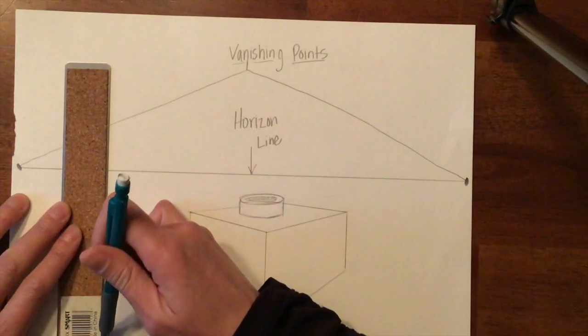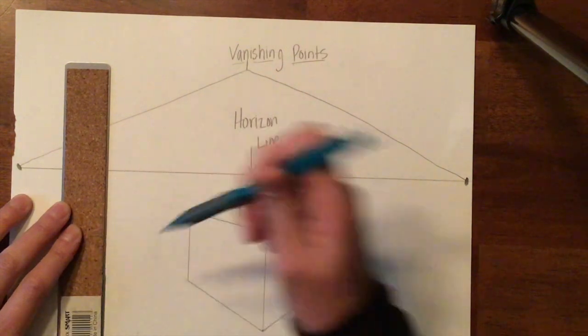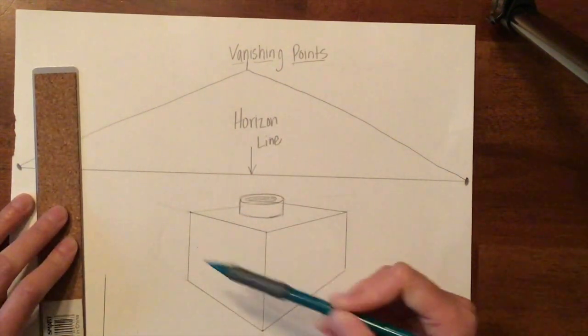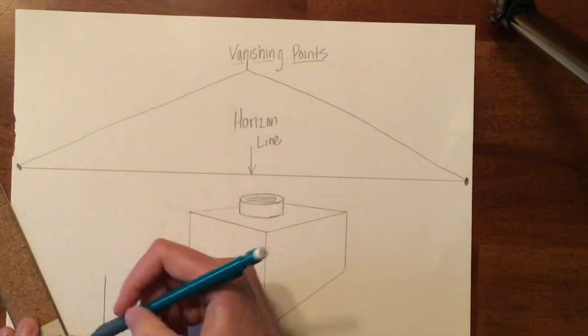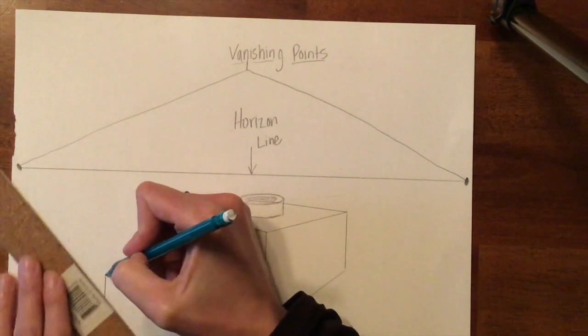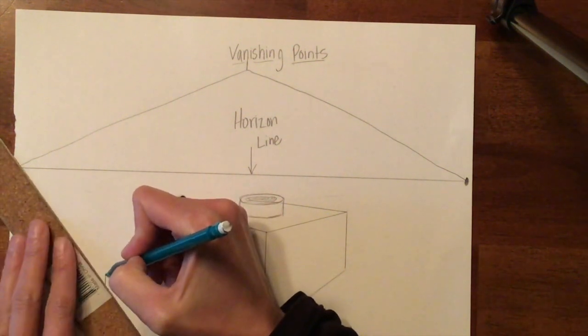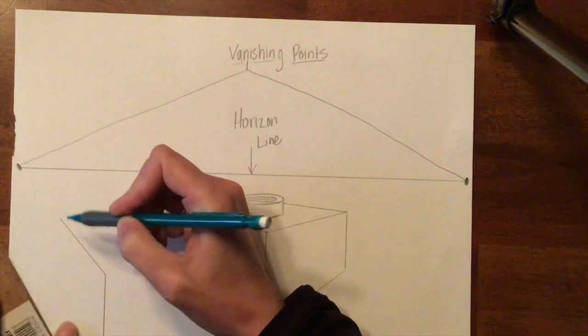So maybe I want this one to be down a little bit lower, okay? Now they're not all going to look the same because boxes will look different the closer they get to the vanishing point.